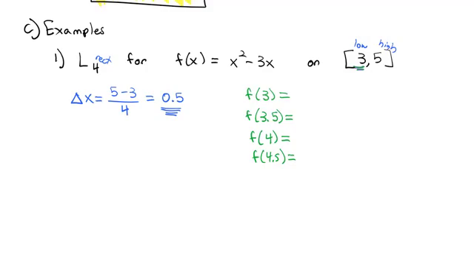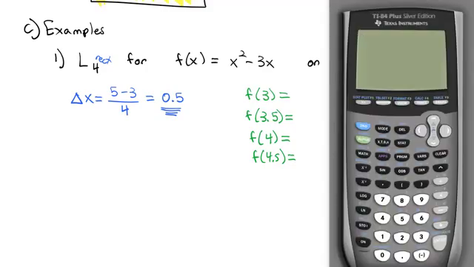We're going to use the calculator to help us with these tedious calculations. On the calculator, what I'll do is I'll first hit y equals, clear out any junk that's in here. And then I will type in the function we're working with, x squared minus 3x. Then we'll go to the table function, which we used a lot last quarter, second table.